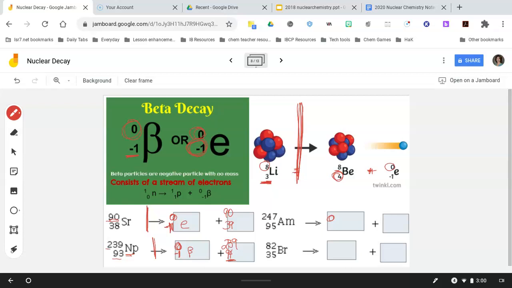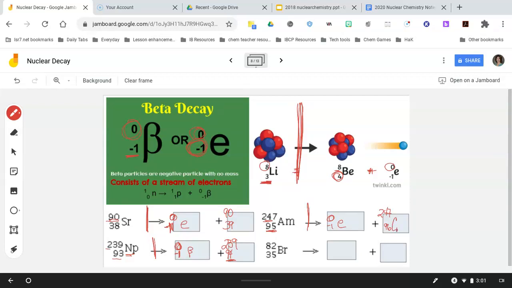Americium, same idea. Beta particle here, 0, -1. There's my beta particle. 0 plus 247 is going to equal 247 on top. And then 95, I have to have 96 plus -1 or -1 matches my 95.